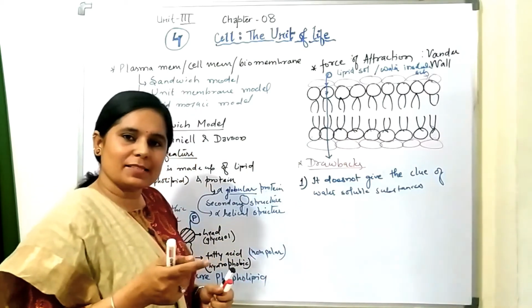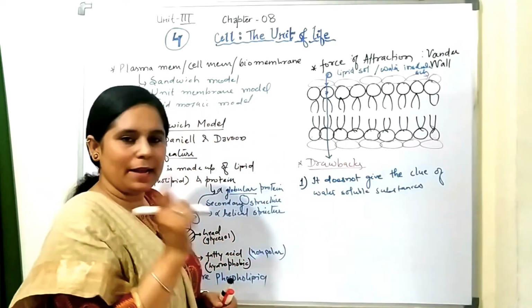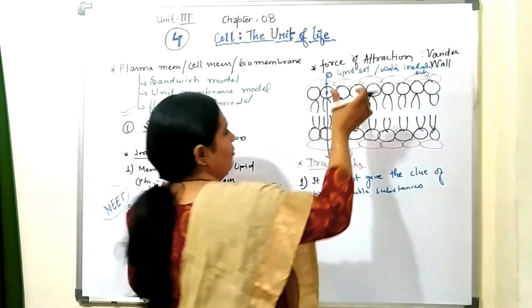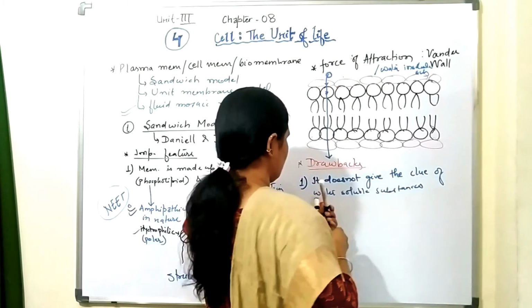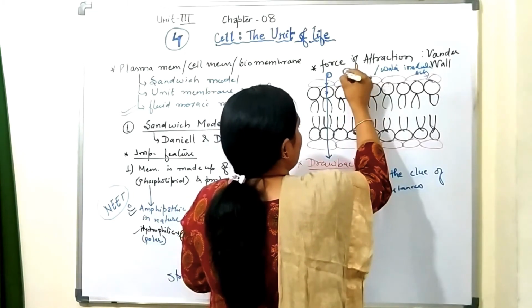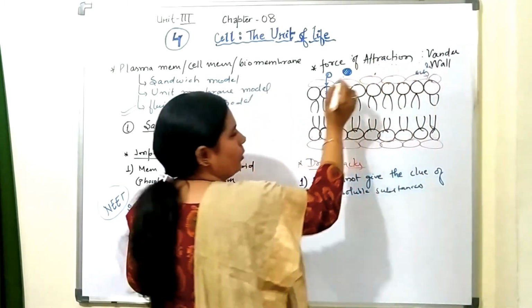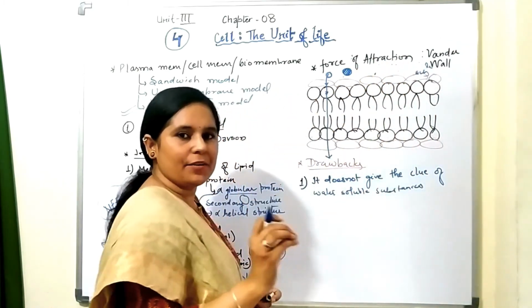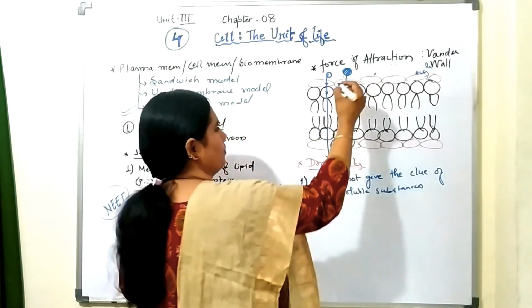The problem arises when we talk about water soluble substances. What happens in that case? If the substance is water soluble, let me draw it with blue only. This is a water soluble substance. Now protein will never provide any hindrance to it, so protein will allow it to pass.